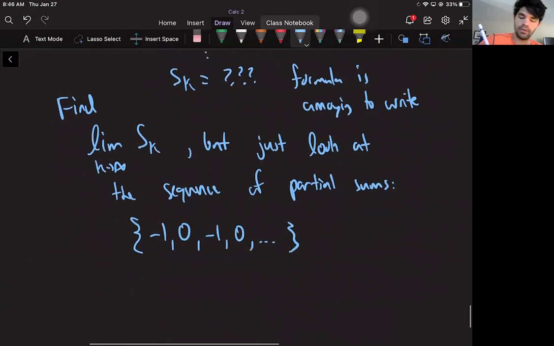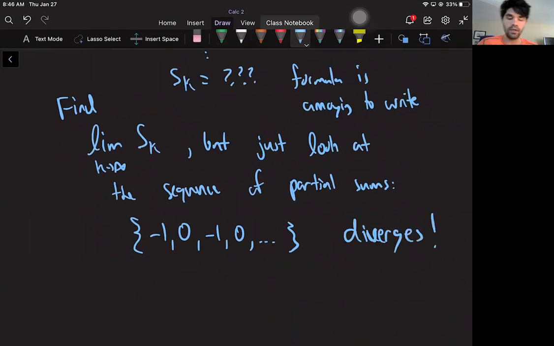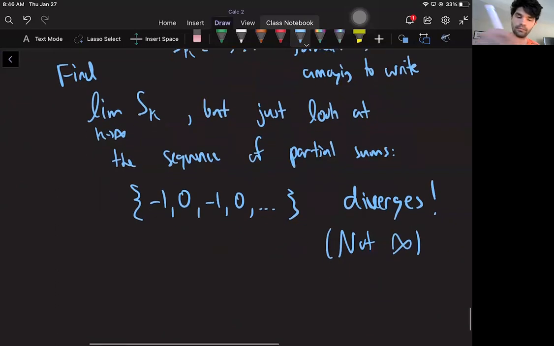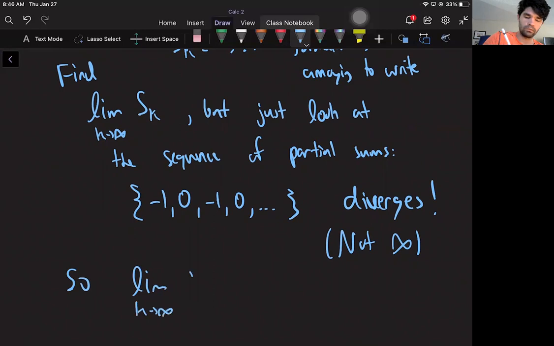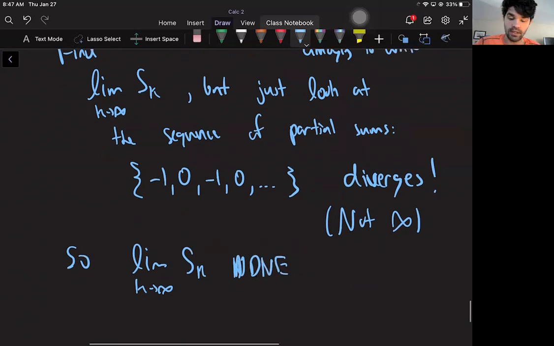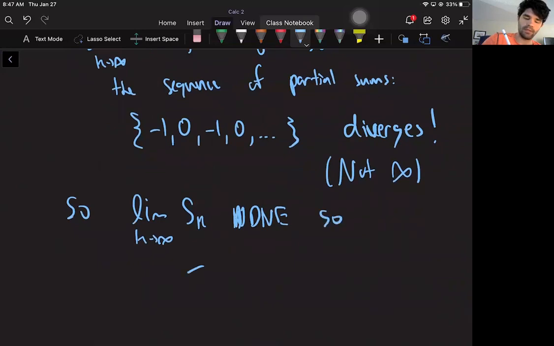And this diverges because it does not head towards anything. It heads towards two things. It doesn't go to infinity, but it doesn't go to a number either. So it still diverges. So that means that this limit, you just say does not exist, instead of saying it's infinity like in the last one. Because the partial sums don't go anywhere, that means that the series diverges.